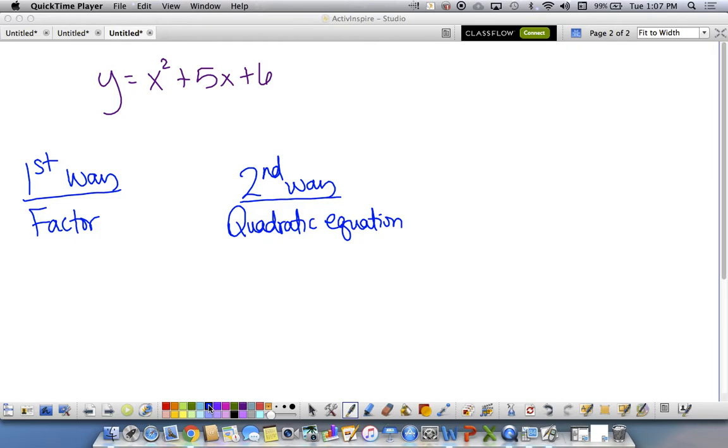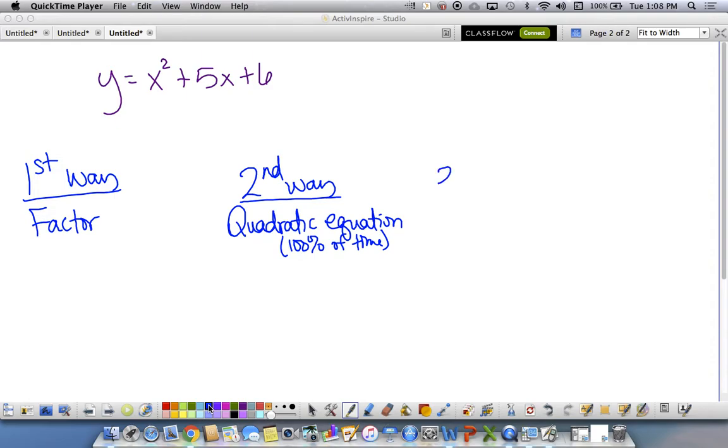You're welcome. Okay? You can use the quadratic equation. Plug it in. It gives you an x every single time. Works 100% of the time. Factoring doesn't, but I love it so much. Okay? So those are generally our two ways of doing this.